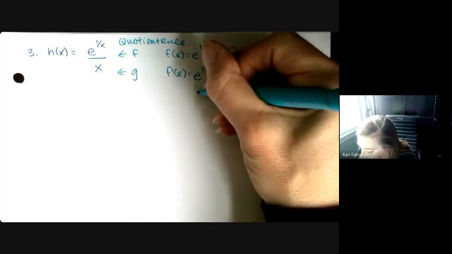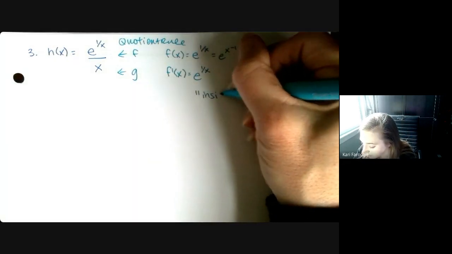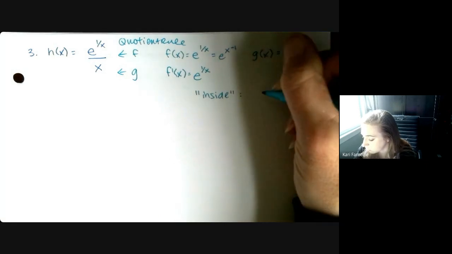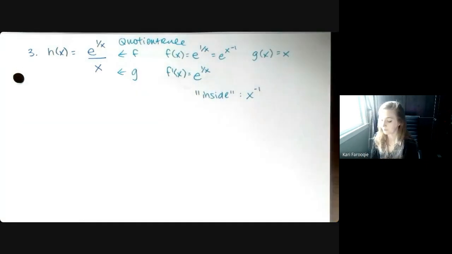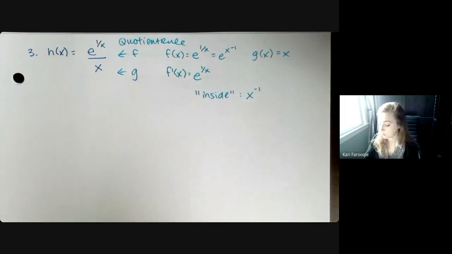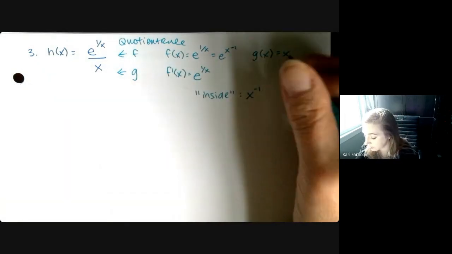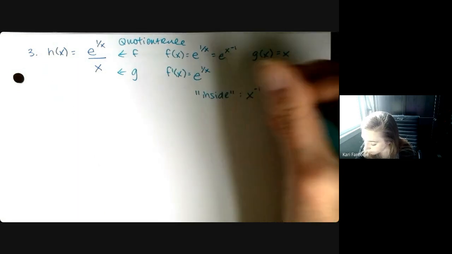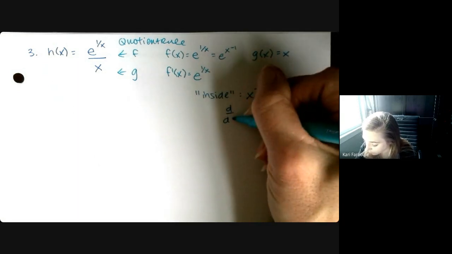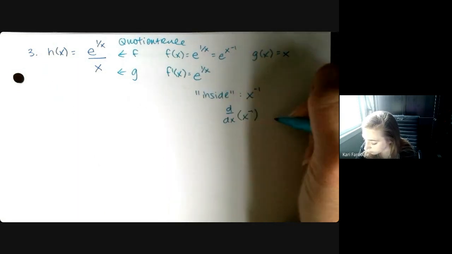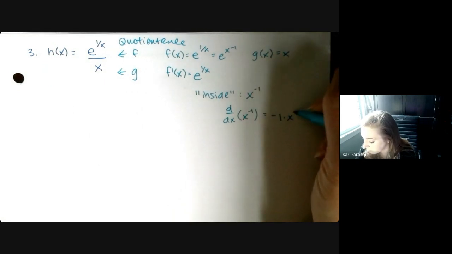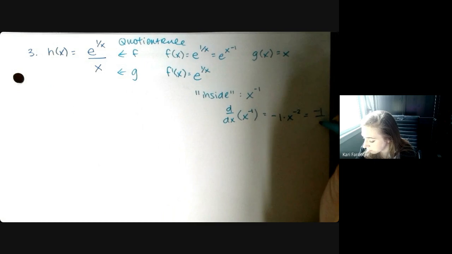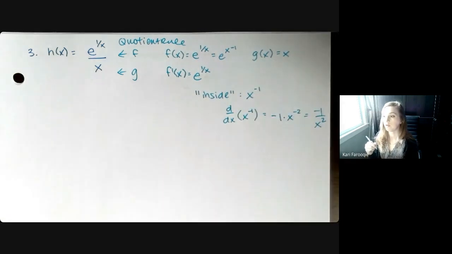So in this case, we could say that our inside function is x to the negative first. And we need to get this derivative. So the derivative with respect to x of x to the negative first is -1 times x to the negative second, which is -1 over x squared.